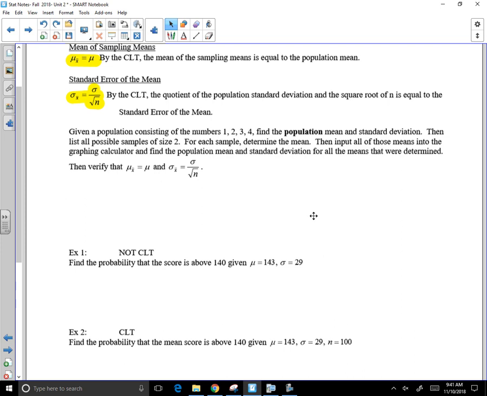Given a population consisting of the numbers 1, 2, 3, and 4, I'm keeping it simple on purpose because the more values we throw into a population, the more complicated things get. All right. And what I mean by complicated is pages and pages of writing. As opposed to the limited amount of space that I left here, where I can do what I need to do in this space, but only for these numbers.